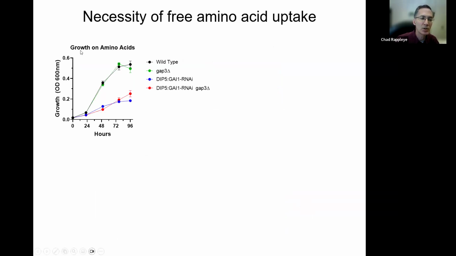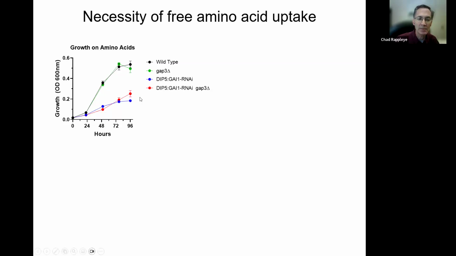And so right here, I'm showing you some in vitro growth of the mutant that we created on amino acids as its nutrient source, wild type shown here in black. You can see that elimination of a single transporter like GAP3 by deletion really doesn't affect the ability of Histoplasma yeast to utilize amino acids.